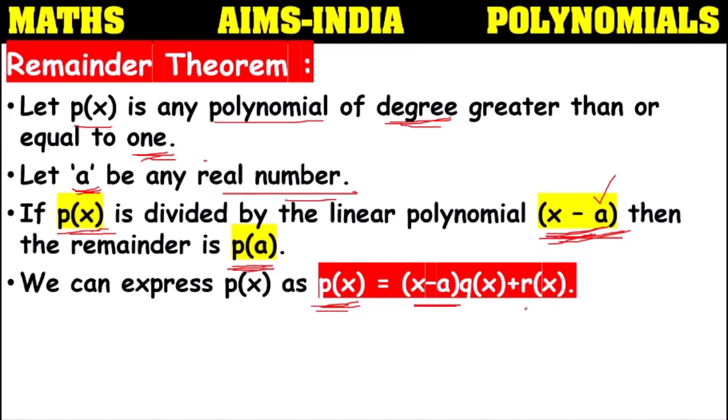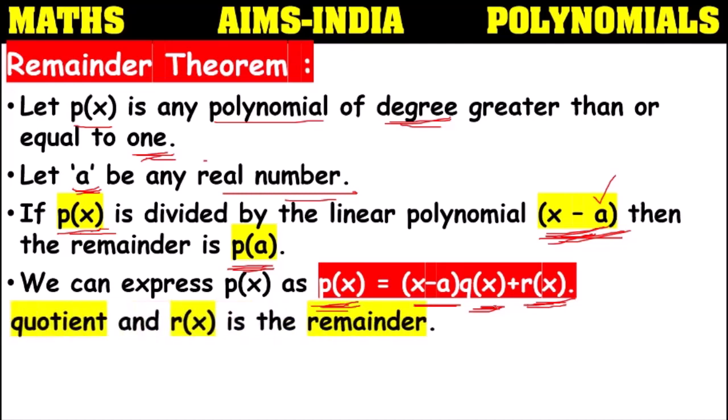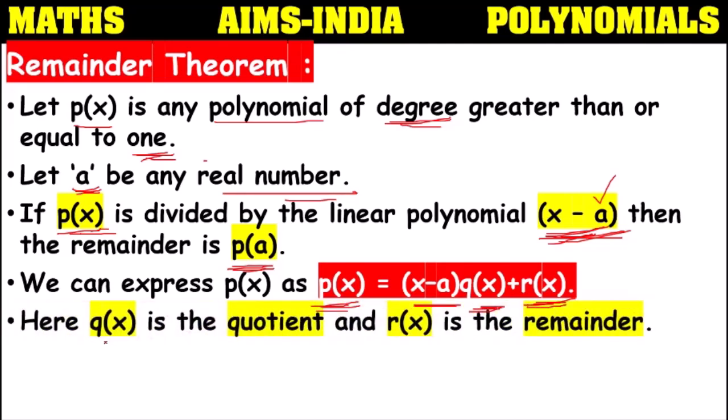Let's denote the remainder with r. Then r of x will be the remainder whose value is P of a. Along with that, we will get one quotient which is termed Q of x. So here Q of x is considered as quotient and r of x is considered as remainder.